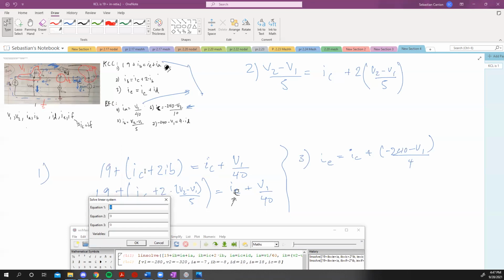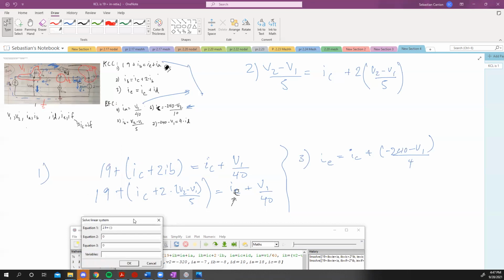Now if you plug this in, I9 plus IC plus 2 times V2 minus V1 over 5 equals... Did I mess something up?